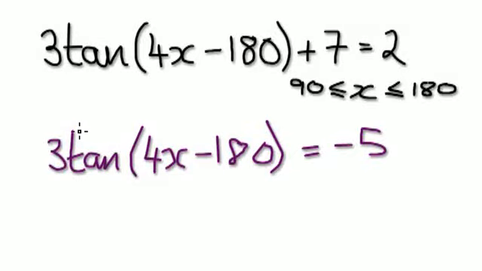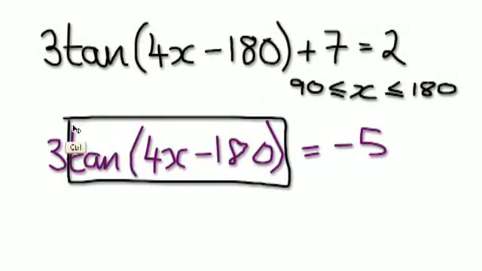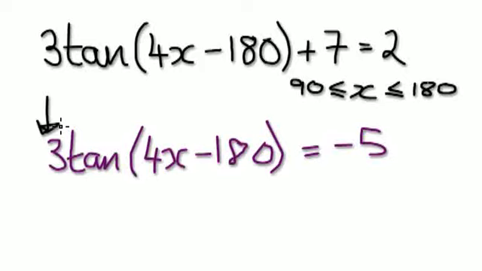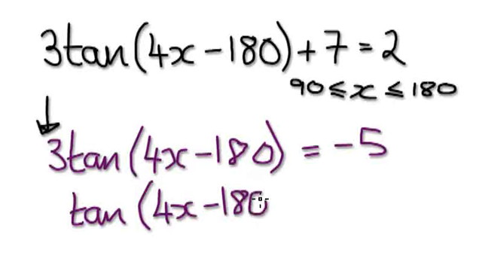Okay, and now visualize as this. You've got one block multiplying this whole thing here. So kill off this 3. So divide both sides by 3. So it will be tan 4x minus 180 equals negative 5 over 3.